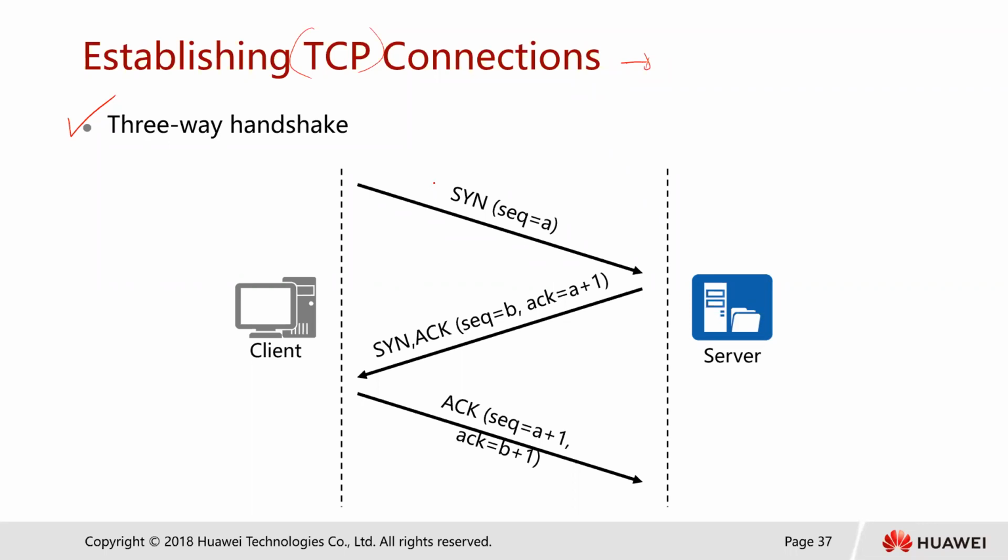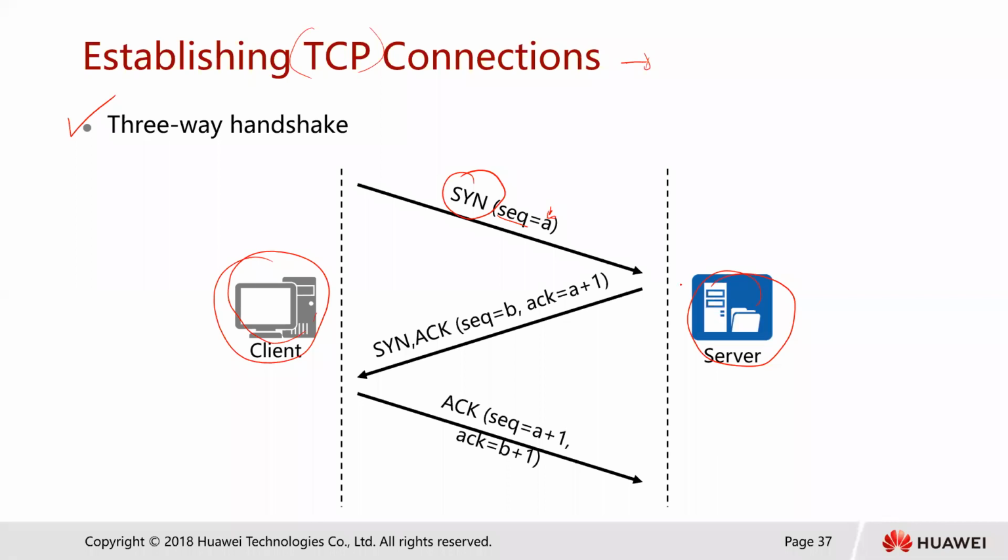When the communication starts, our client A sends out a SYN message to the server, and the client sets the SYN sequence number to a random value A.